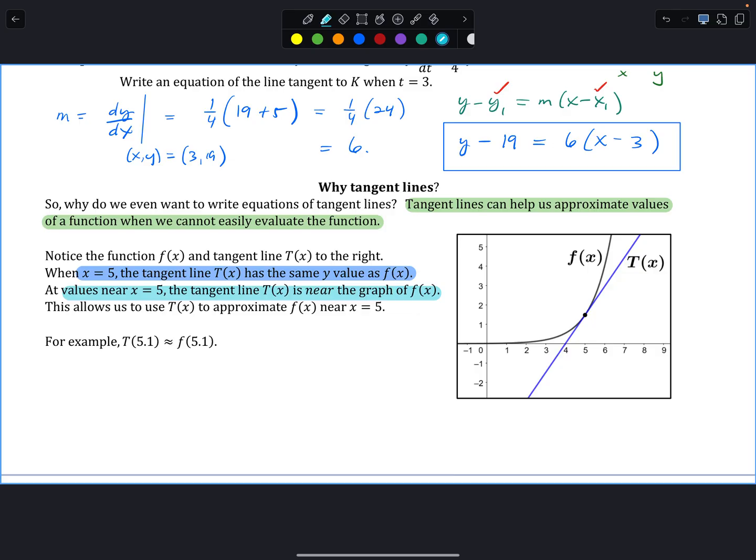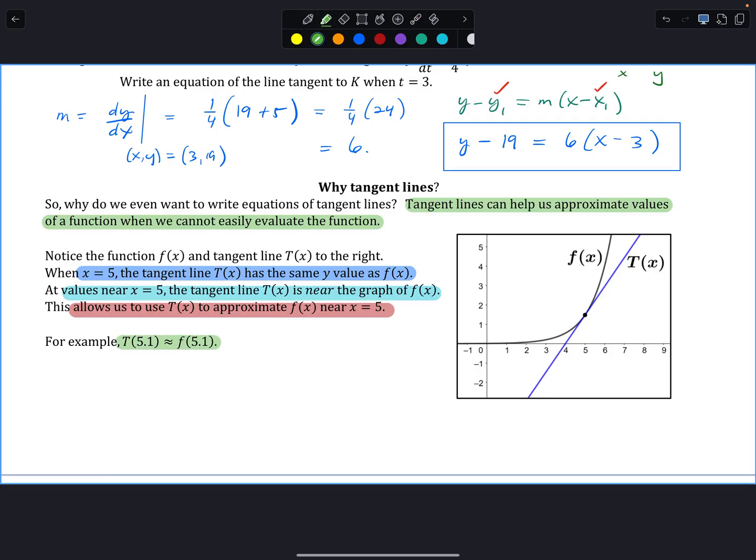So this allows us to approximate f of x near x equals 5. So if I know what f of 5 is, does it make sense that 5.1 is really close to 5? So if I know what the tangent line is at 5, then I could use the tangent line to figure out what's about 5.1, okay?